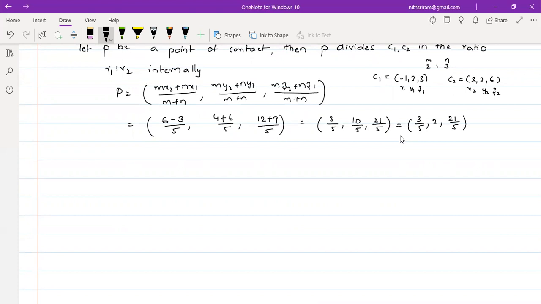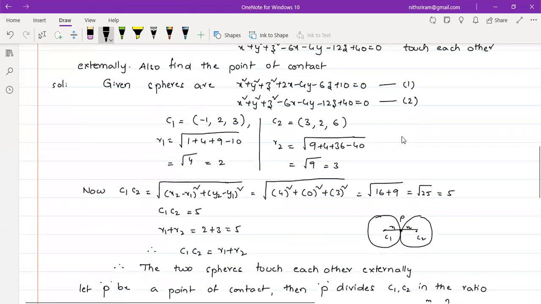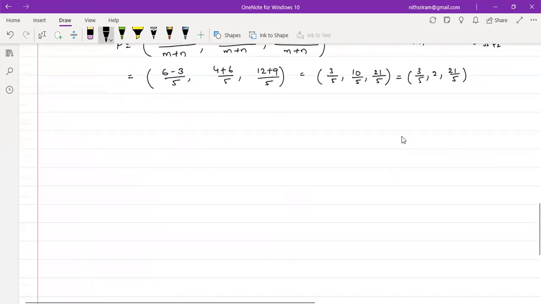Okay, so I am giving you one more problem in this model. Try this particular problem. I'm writing the second problem.